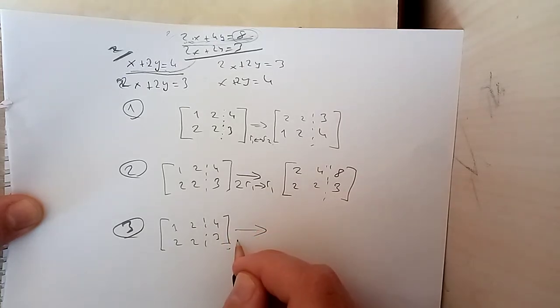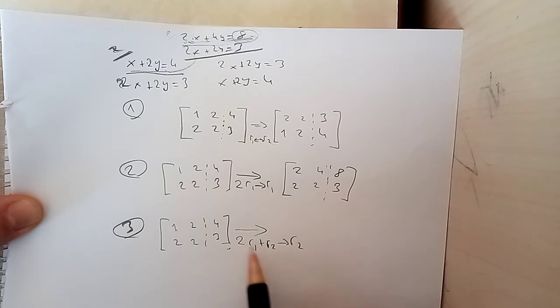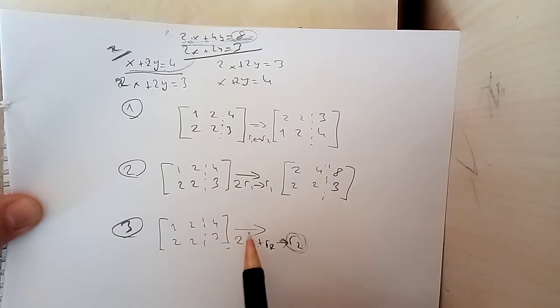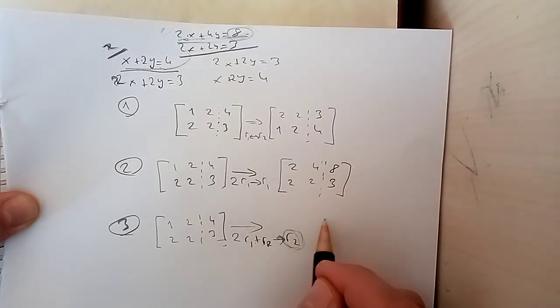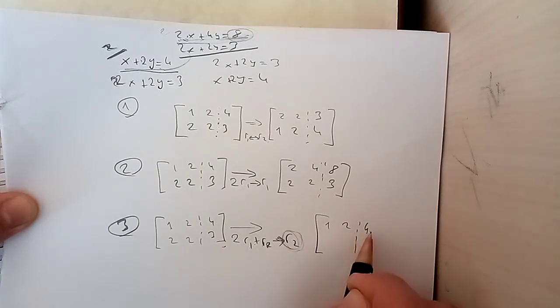It will be shown like that: 2 times row 1 plus row 2. It means we multiplied the first row by 2 and added it to the second row, and our second row will change because we showed our second row here. Our first row will be the same, and we write our first row the same.